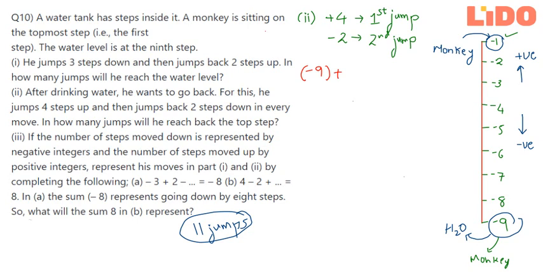So first jump is plus 4, which gives us its new position, which is minus 5. Now the present position plus the next jump, which is -2, which gives us the new position, which is -7. Let's go on doing this until we get -1 on the RHS.